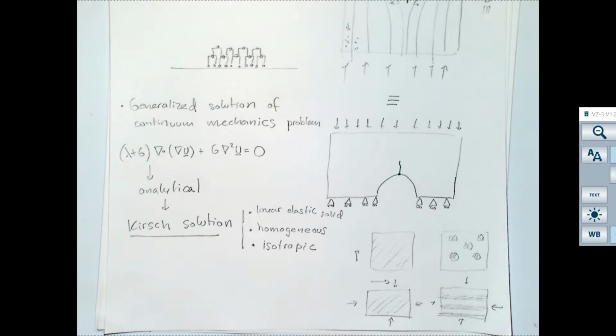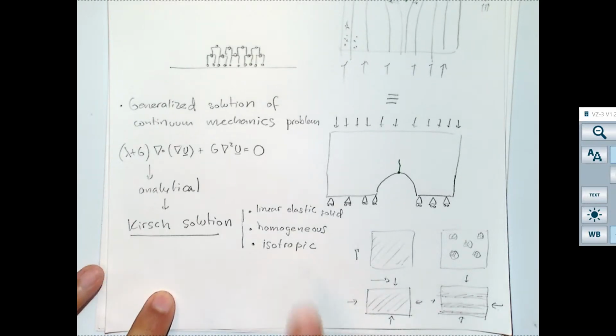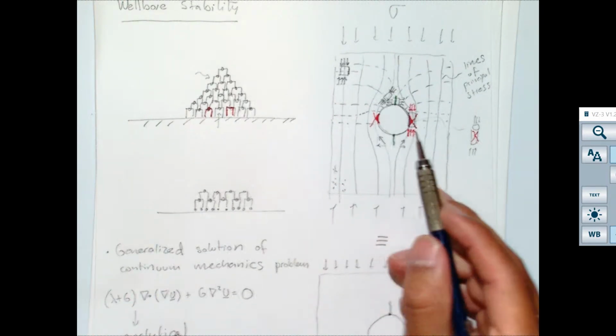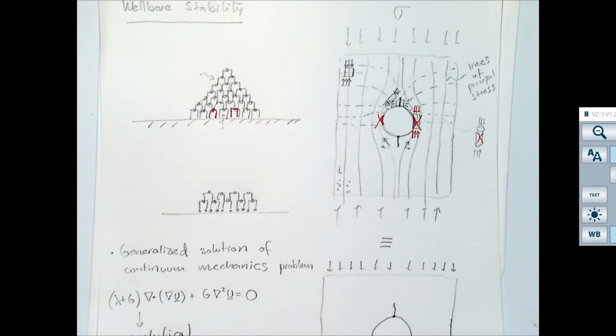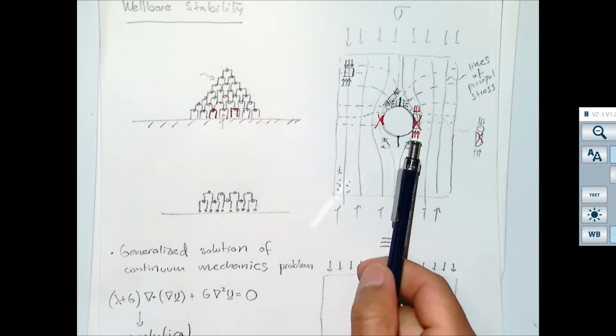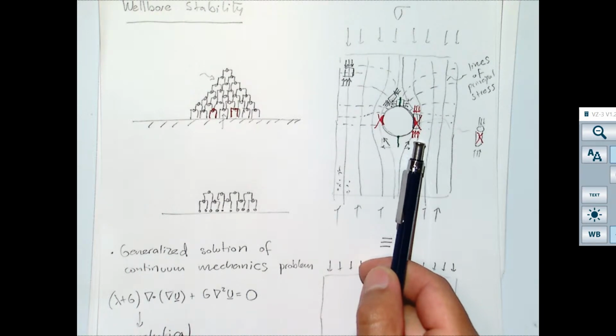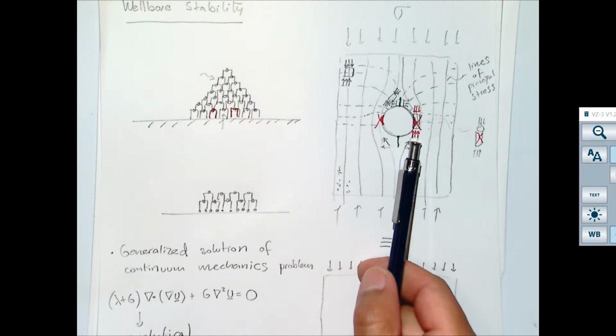Okay, so you make all of these assumptions and you're going to be able to get to the Kirsch solution that we're going to discuss right now. But before we do that, we need to do something else. As you see, here we have a circle, and if we put it in 3 dimensions, this is going to be a cylinder. It's going to be pretty difficult to write equations in Cartesian rectangular coordinates for a cylinder.